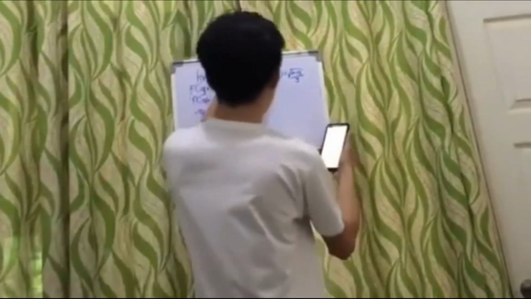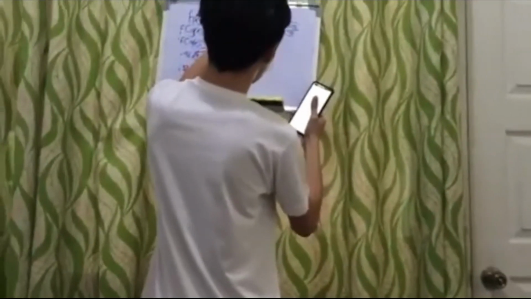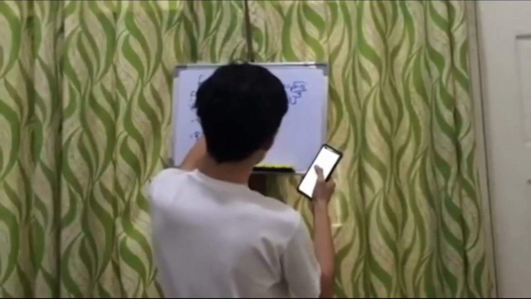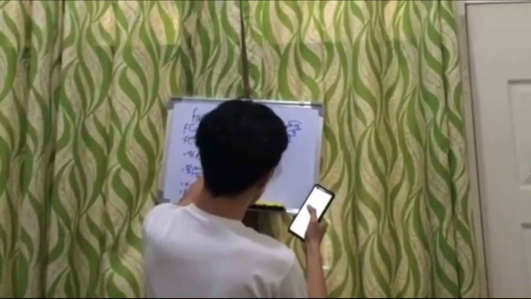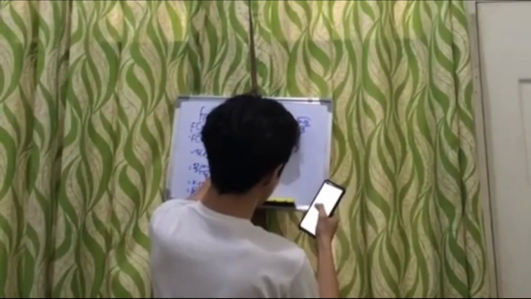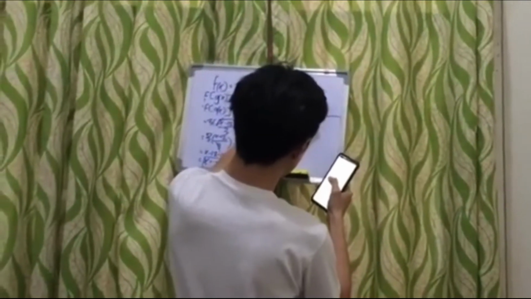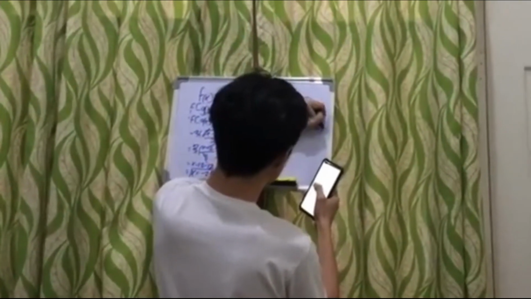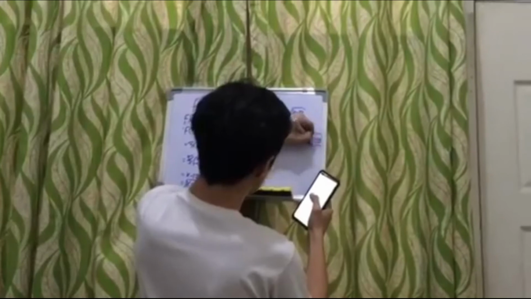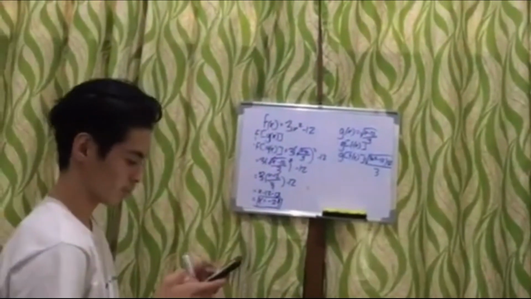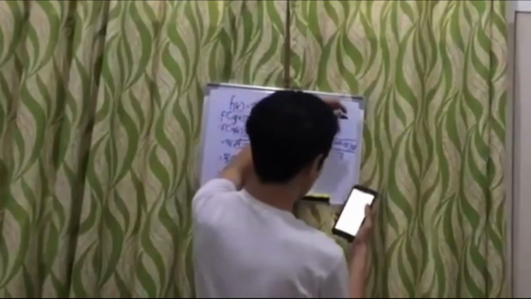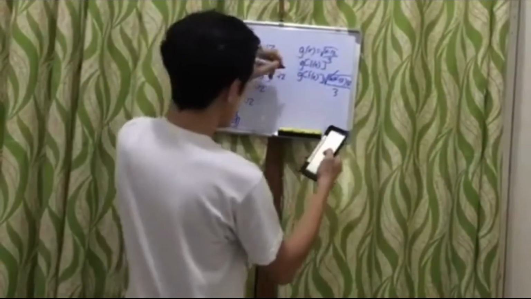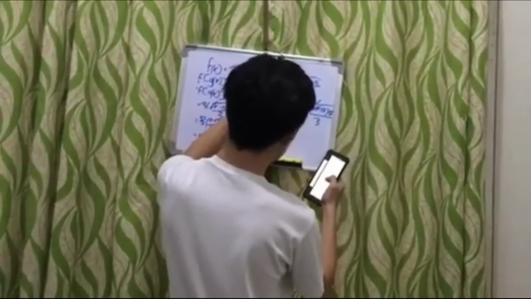Then g(x), g of f(x), over 3. Then cancel the squared and the square root, which leads to g.